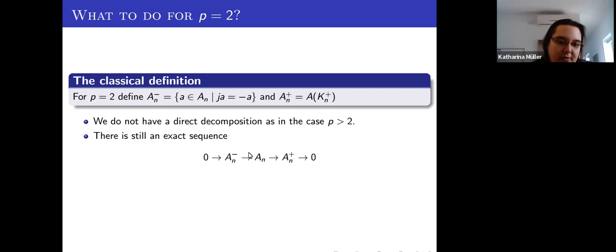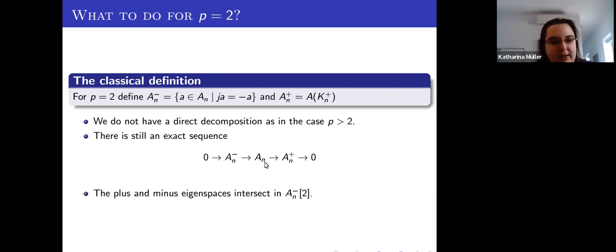And recall for odd primes p, we wrote A_n as a direct sum of these two terms, so this exact sequence also appears for odd p. And the plus and minus eigenspaces intersect in the A_n^- 2-torsion. So if I have an element in the -1 eigenspace of order 2, it automatically lies in the +1 eigenspace as well.